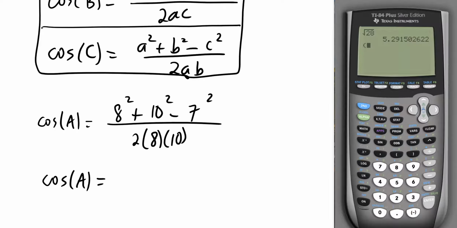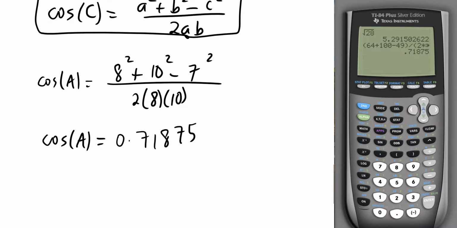The top is 8 squared, 64, plus 10 squared, 100, minus 7 squared, 49. All that is being divided by 2 times 8 times 10. That gives us about 0.71875.